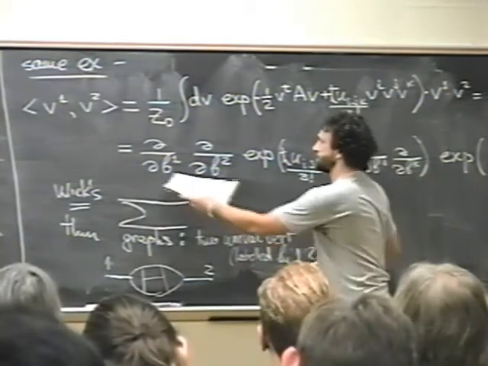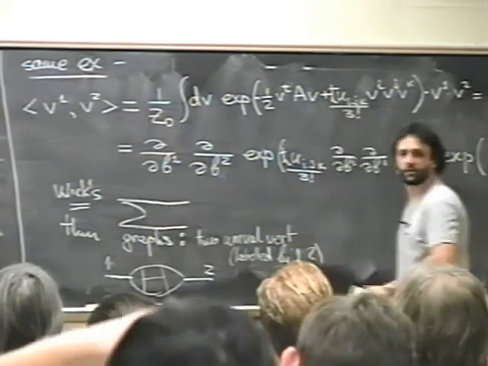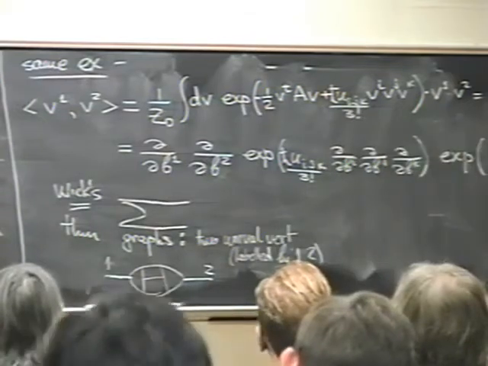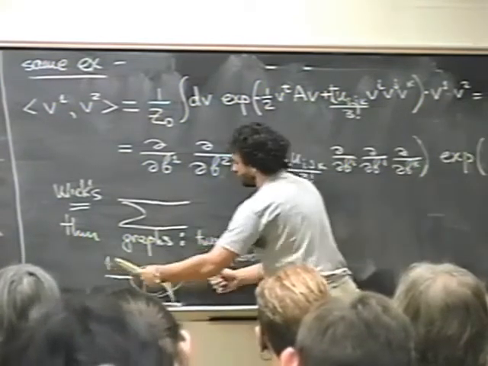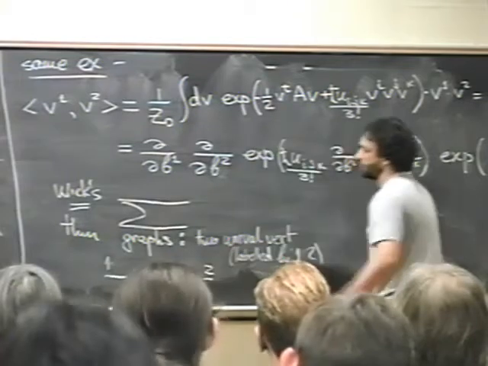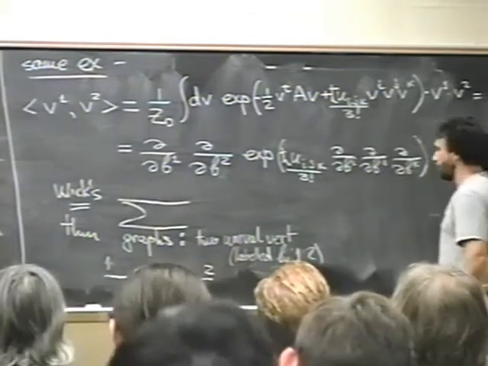These univalent vertices come from these two derivatives. And apart from these two derivatives, everything will remain the same as before.